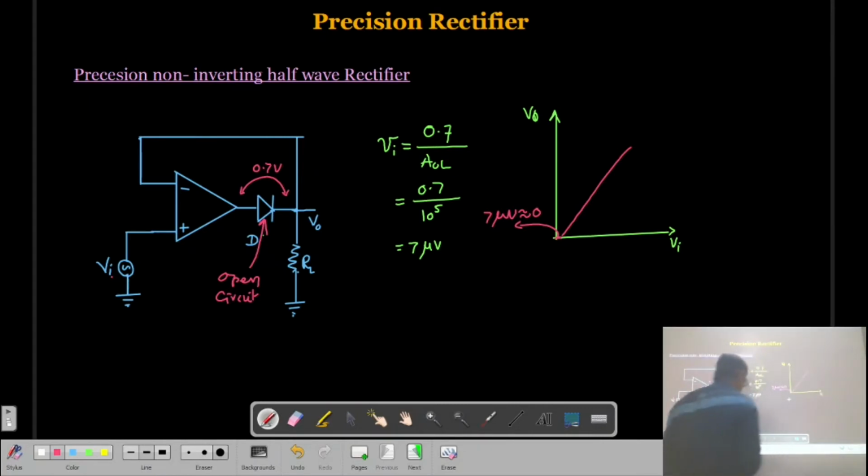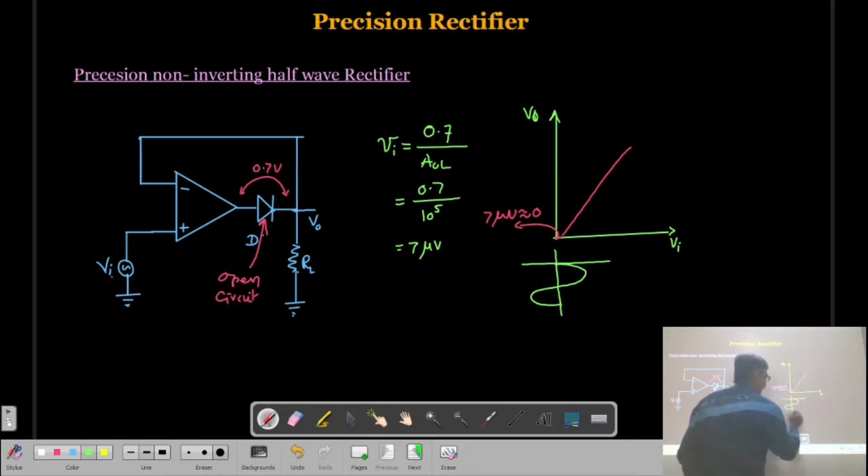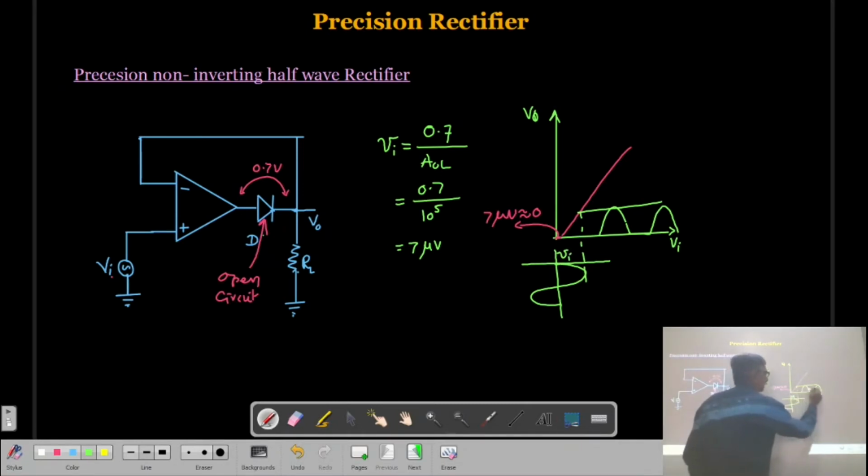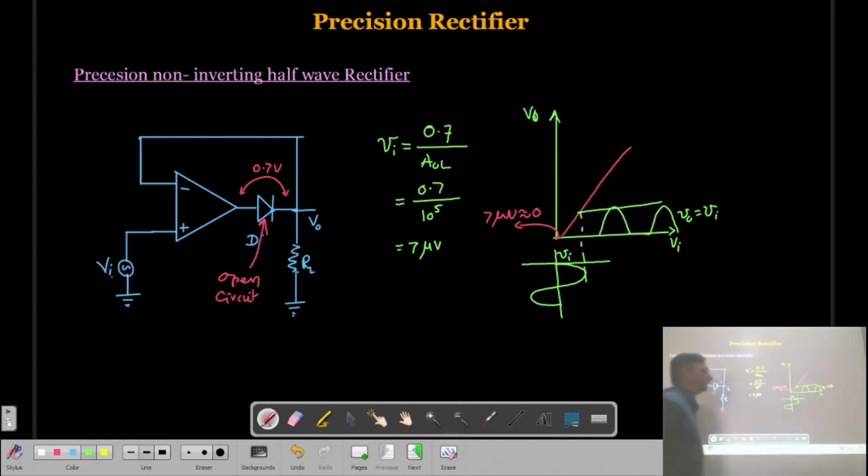As a result, if we apply the input signal like this, then it is going to conduct during the positive cycle. You have this output voltage, then in the negative cycle, no output. Again for the positive cycle, there is output. So whatever the amplitude is here, the same amplitude will be there in the output.